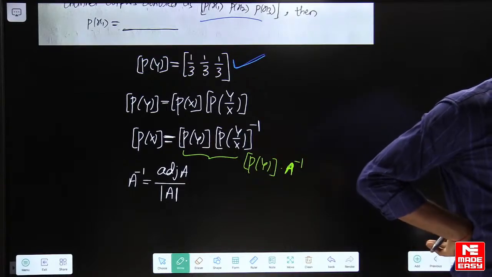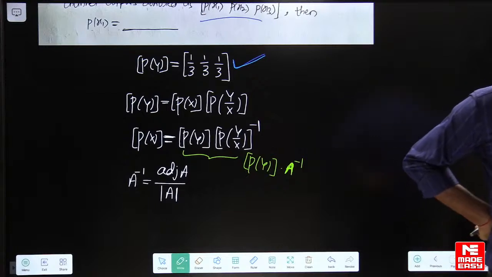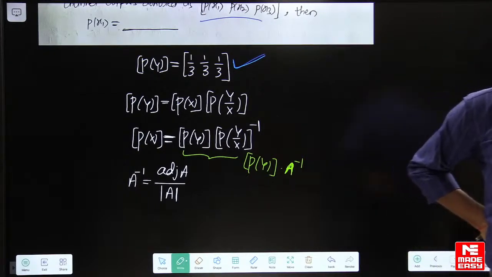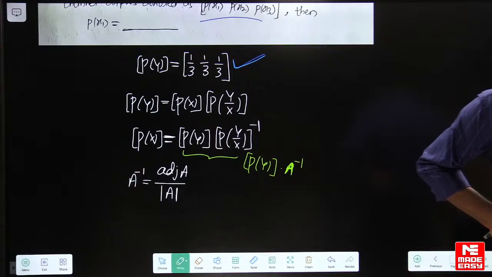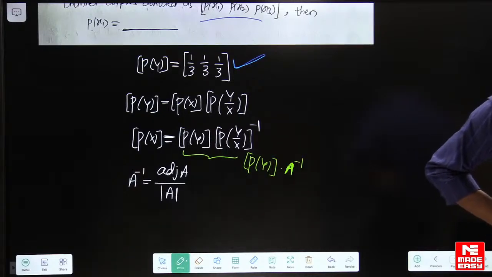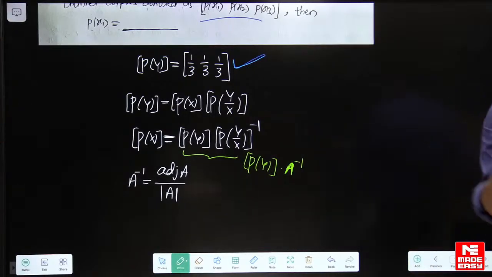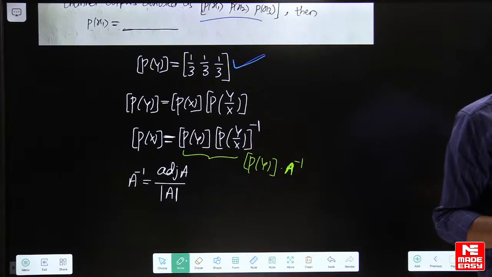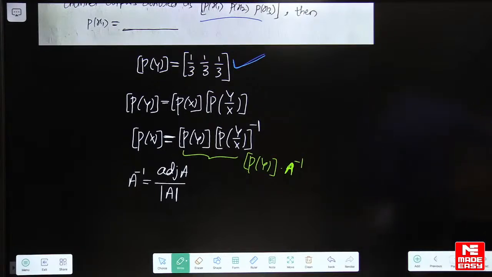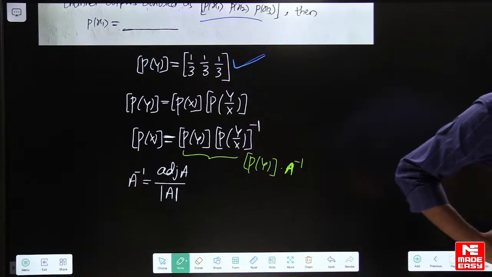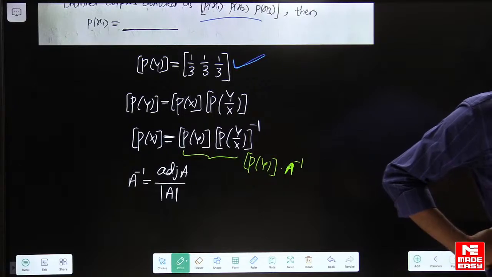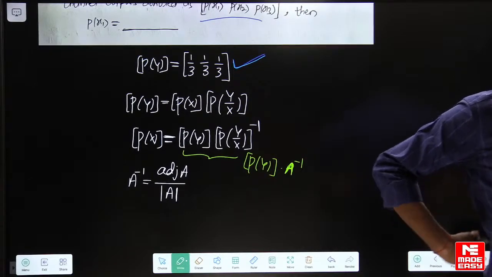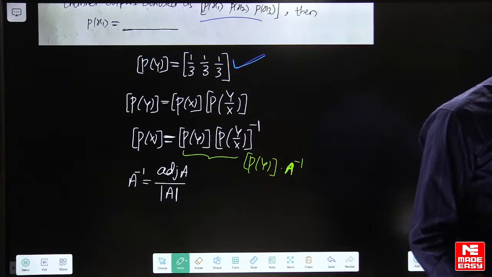Vinish Modi is saying Px in diagonal form into Py by x. No, that's incorrect. Vinish, you are saying Px diagonal into Py by x, but this is the question: you have to get Px.